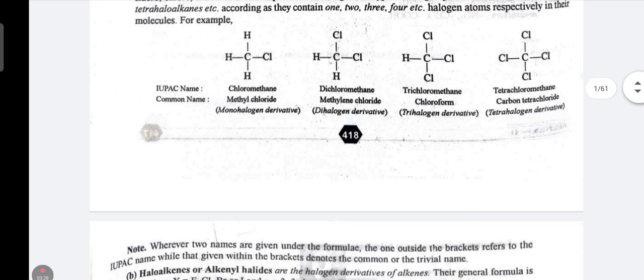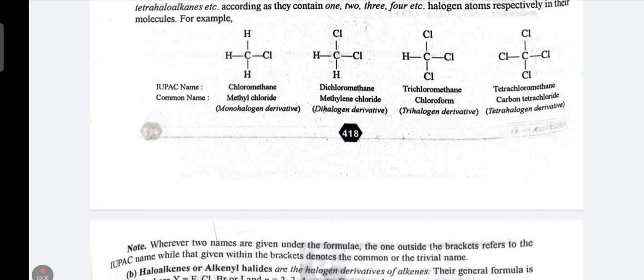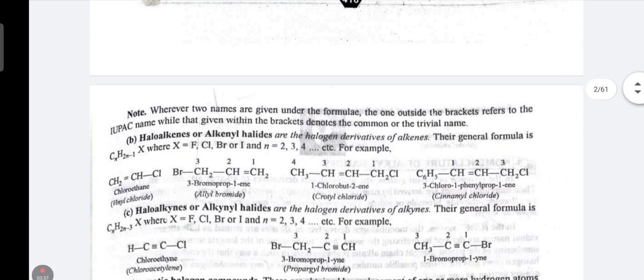For example: chloromethane, dichloromethane, trichloromethane, tetrachloromethane. Whenever two names are given under the formula, the one outside the bracket refers to the IUPAC name, while the one in the bracket denotes the common name or trivial name.